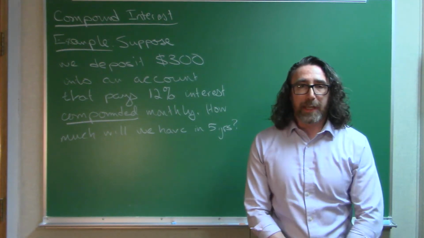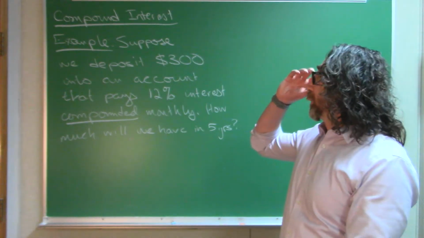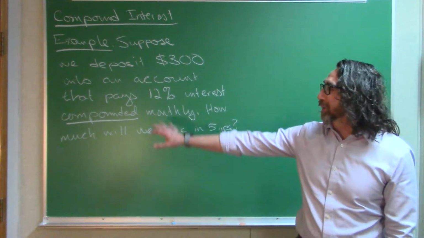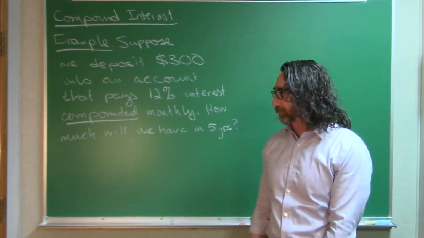How much will we have in 5 years? Okay, so we deposit $300 into an account that pays 12% interest compounded monthly. How much do we have in 5 years?